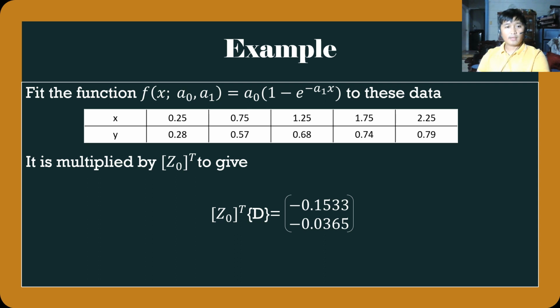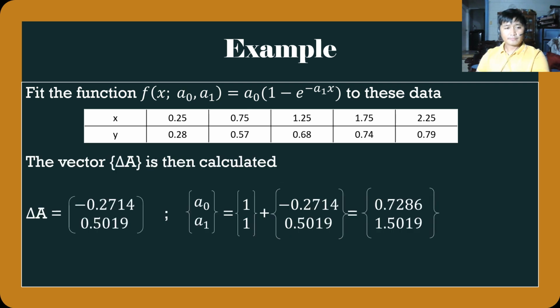And then that transpose matrix we have earlier must be multiplied to the matrix D, arriving at these two values of our matrix. And then vector A. So we have these values for vector A. Now, what we are going to do here is add 1 to these values, since the initial guess we made for a sub 1 and a sub 0 is 1.